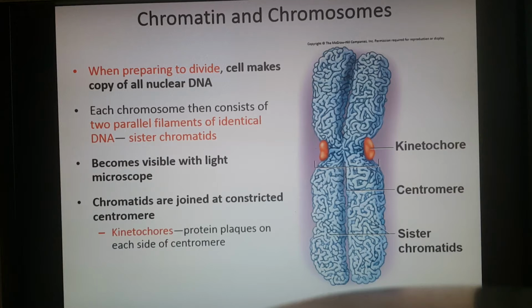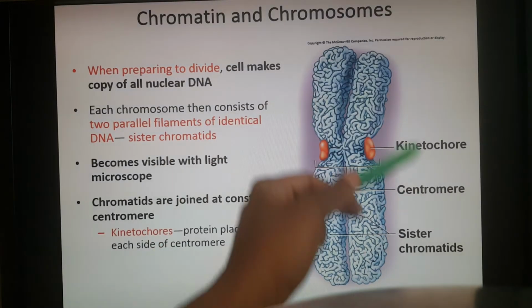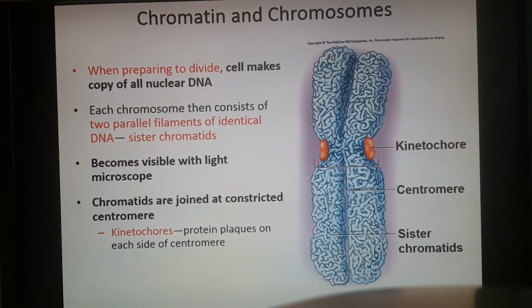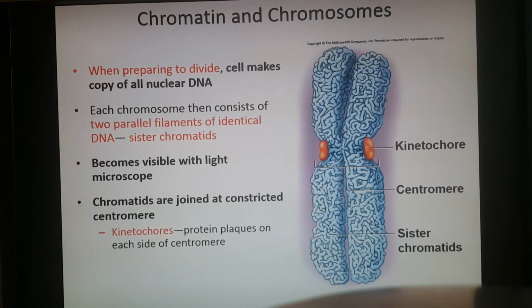When the cell is going to divide, again, the cell makes a copy of all the nuclear DNA. The DNA located inside the mitochondria is not copied. You do make more mitochondria so that you can have enough organelles for both new cells. But the DNA in the nucleus is only copied during the S phase of the cell cycle.